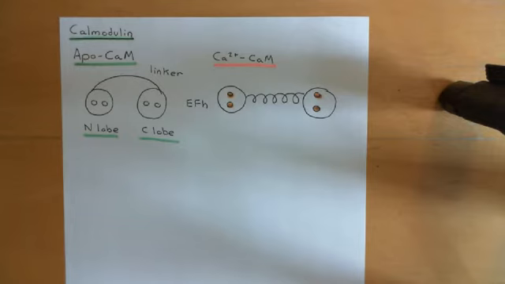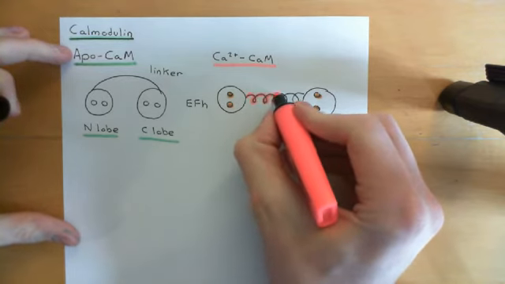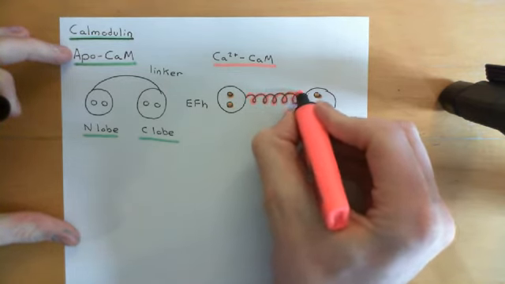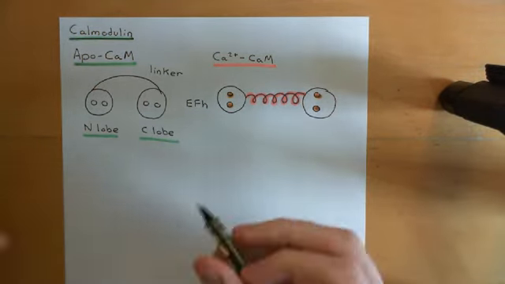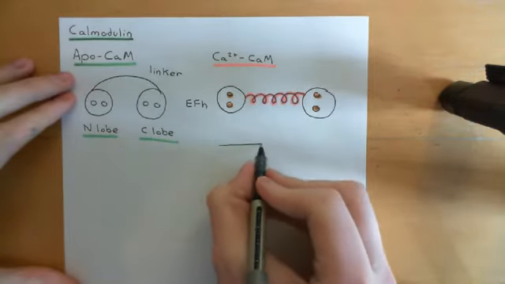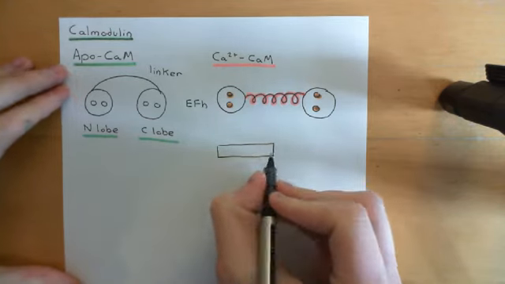Now, this central alpha helix here of the calcium-calmodulin complex, this is capable of a lot of flexibility. Okay, it's capable of winding around proteins. So let me just draw a picture here. So let's say that this is a portion of some protein here.